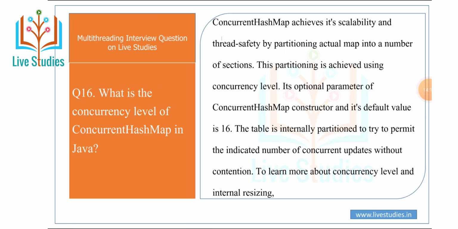Another question is, what is the concurrency level of ConcurrentHashMap in Java? ConcurrentHashMap achieves its scalability and thread safety by partitioning the actual map into a number of sections. This partitioning is achieved using the concurrency level. It is an optional parameter of the ConcurrentHashMap constructor and its default value is 16.